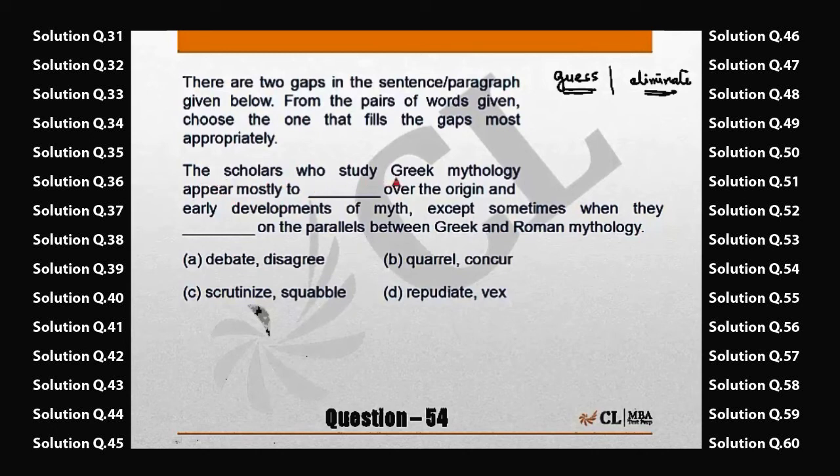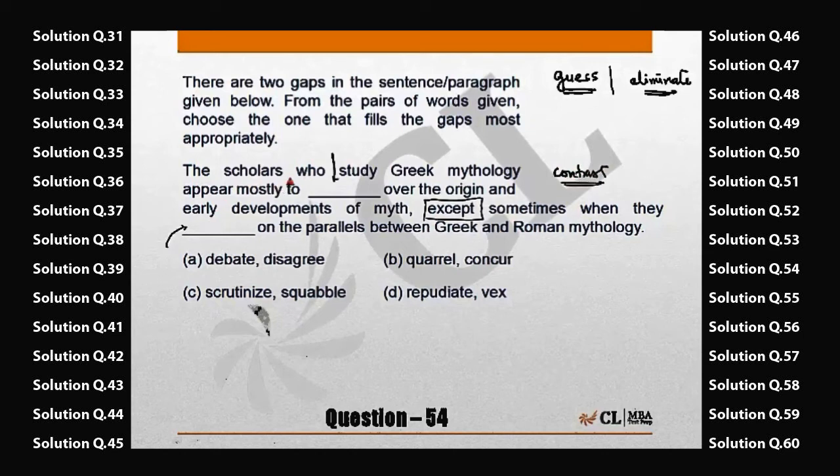The scholars who study Greek mythology appear mostly to blank over the origin and early developments of myth, except, so this is the crucial word, except sometimes when they blank on the parallels between Greek and Roman mythology. So when you say except, the clear thing is that there has to be a contrast.